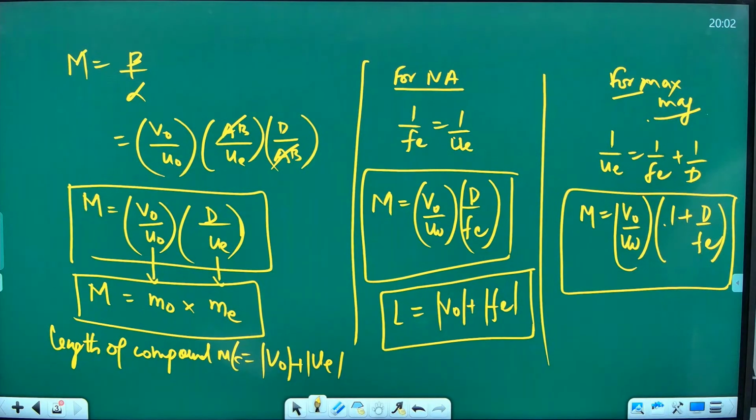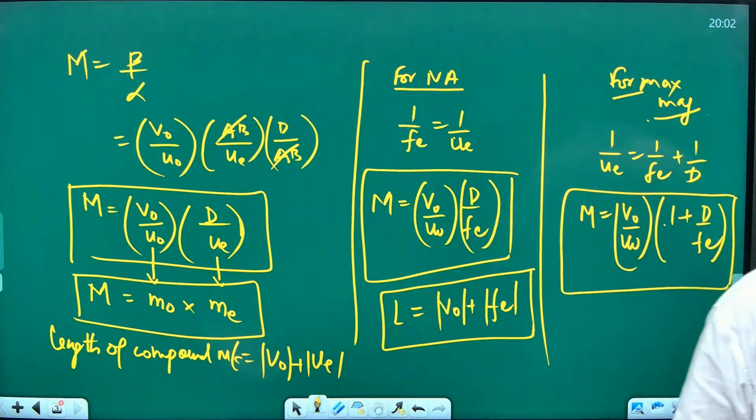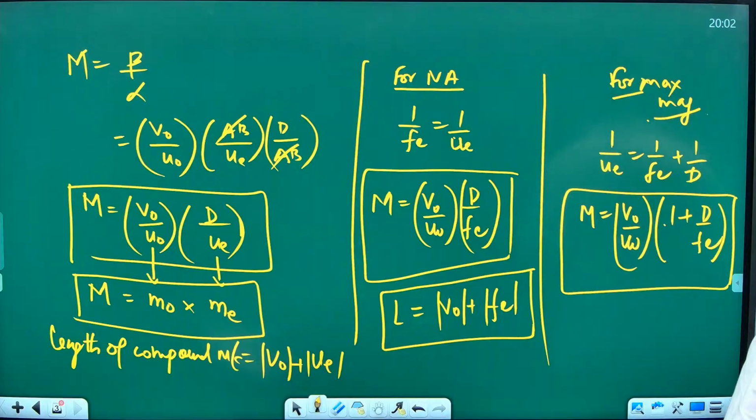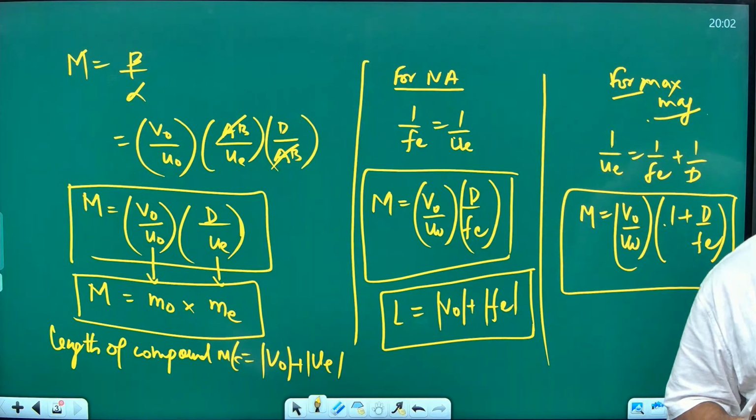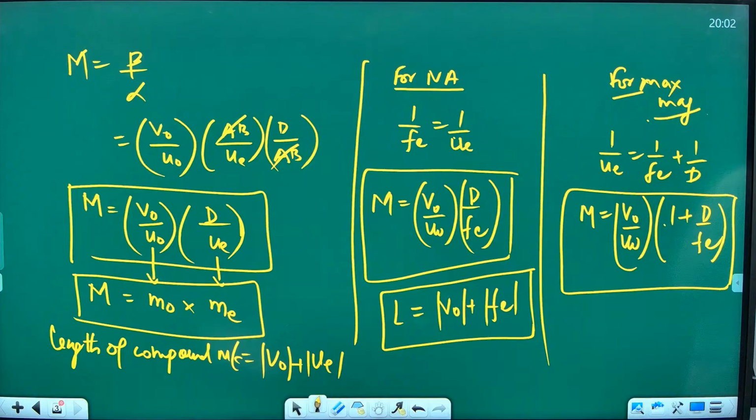Okay, good. I'll repeat the question. In a compound microscope, focal length of objective lens is 1.2 centimeter, and that of eyepiece is 3 centimeter.